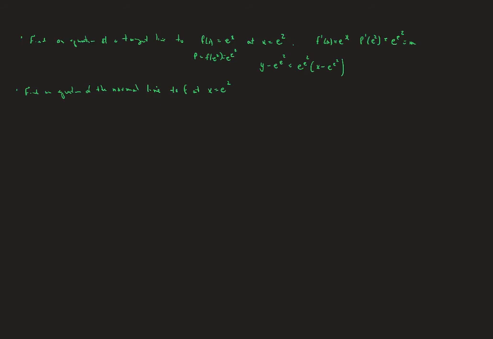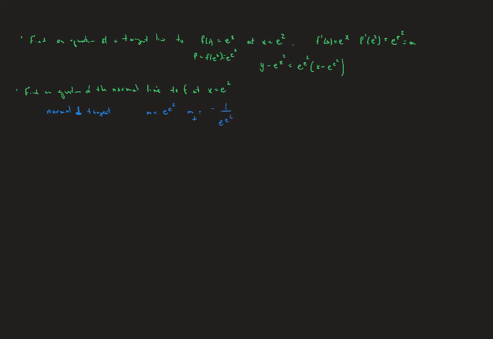A normal line is perpendicular to the tangent line at the point of tangency. So it's perpendicular to the tangent line. So if we know our slope from the tangent line is e to the second, then the slope of the line perpendicular to that is going to be negative 1 over e to the second.